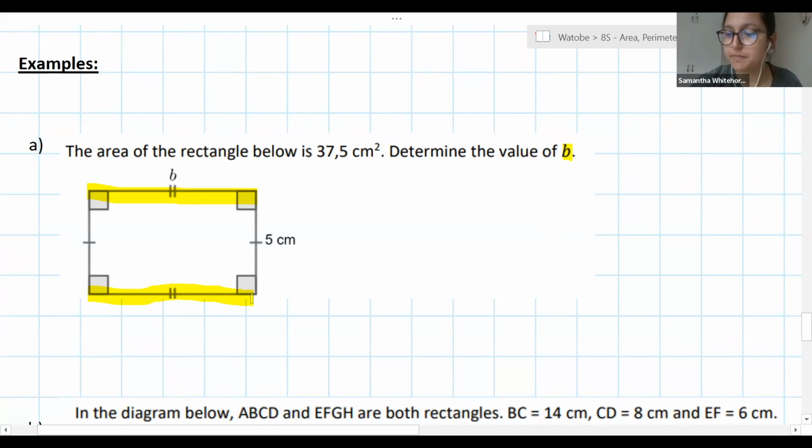I want B. So if and when you have an answer, you can put it in the chat or you can raise your hand to explain it to us. We're looking for B. Remember what the area of a rectangle's formula is. Remember your units.